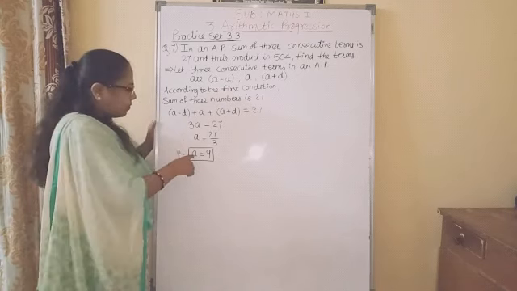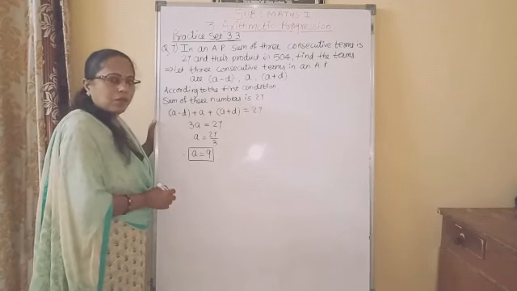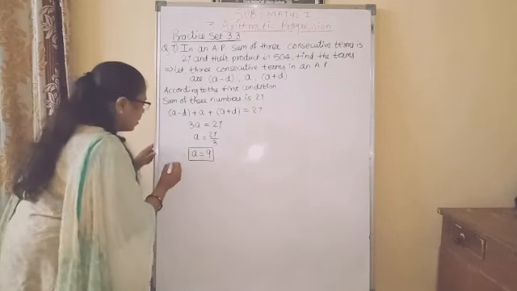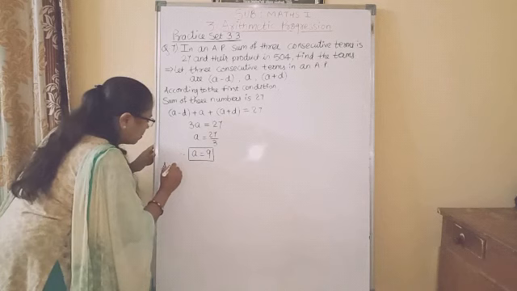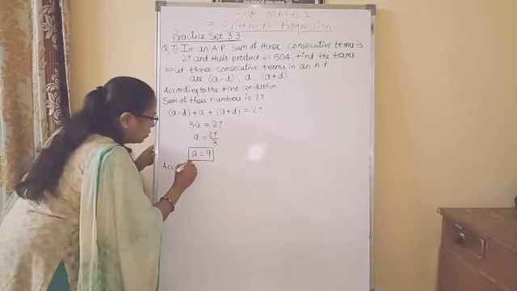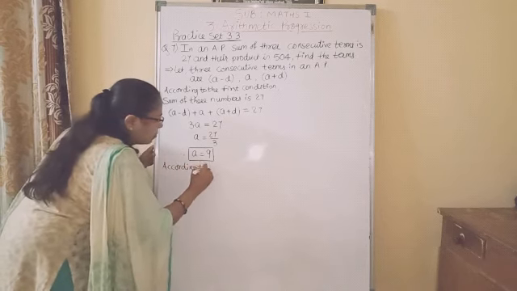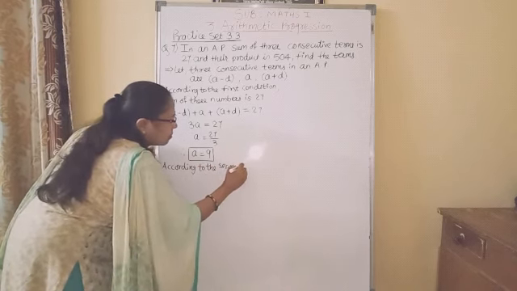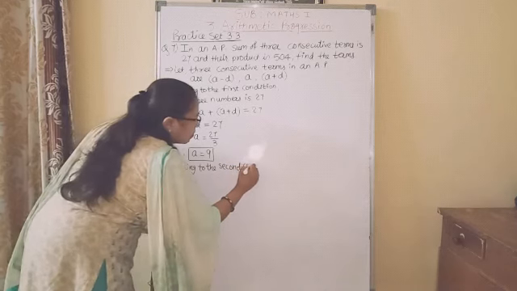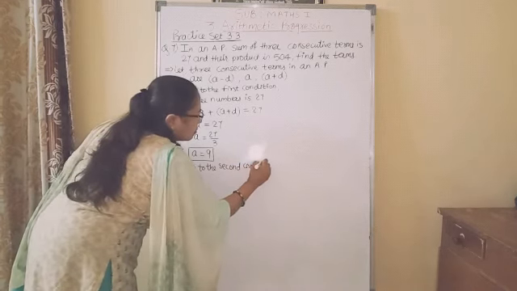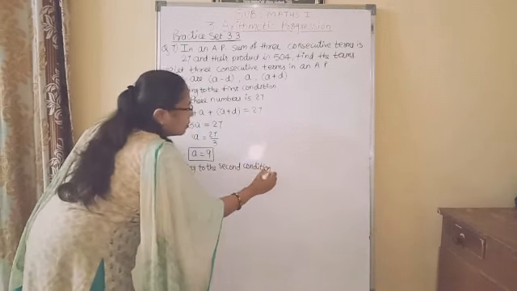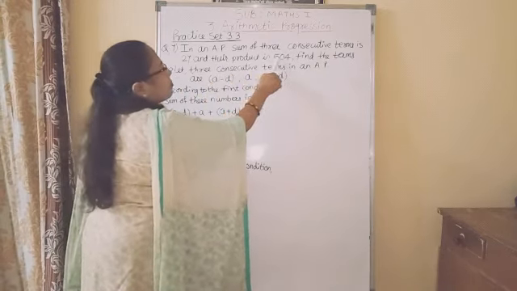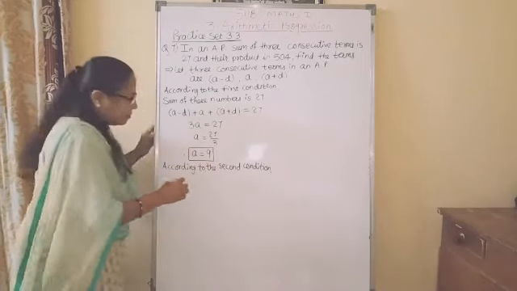Okay. We got one variable, A equal to 9. Now, according to the second condition, the second condition given is their product is 504.